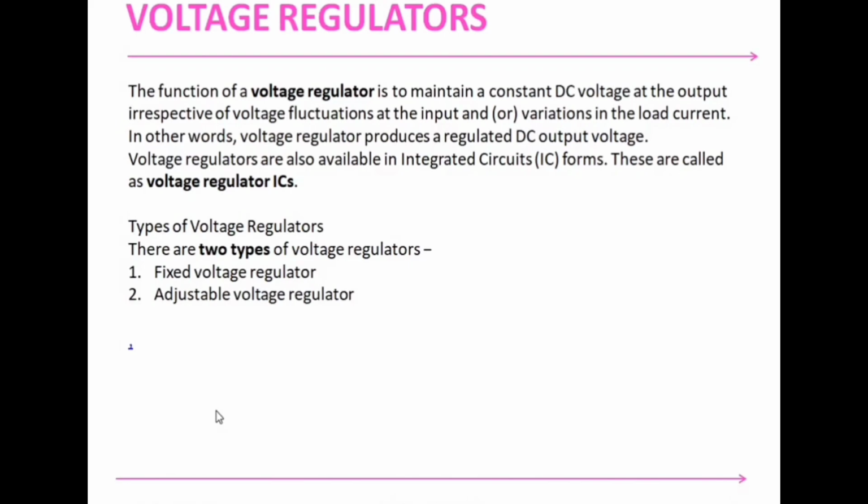This input we are obtaining from the filter output. That is, basically we need to convert the AC signal into DC signal, right? To convert the AC to DC, the first stage is to connect a rectifier.